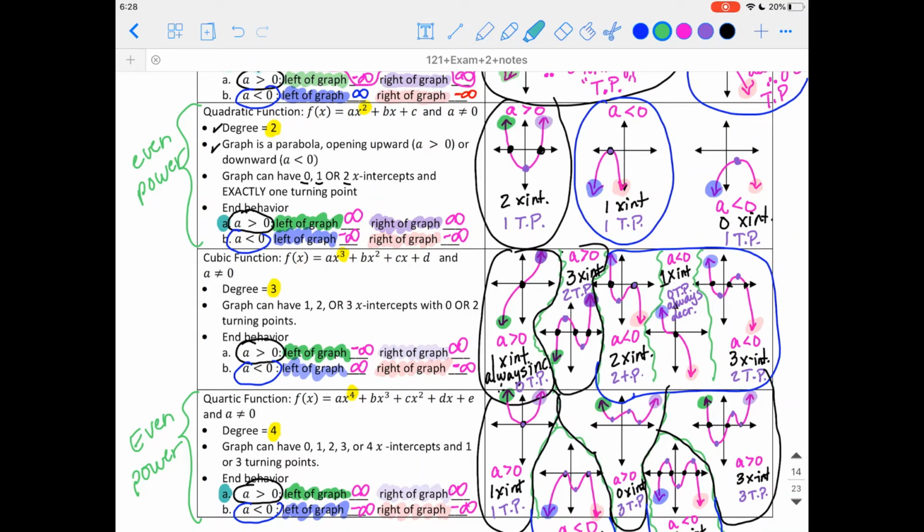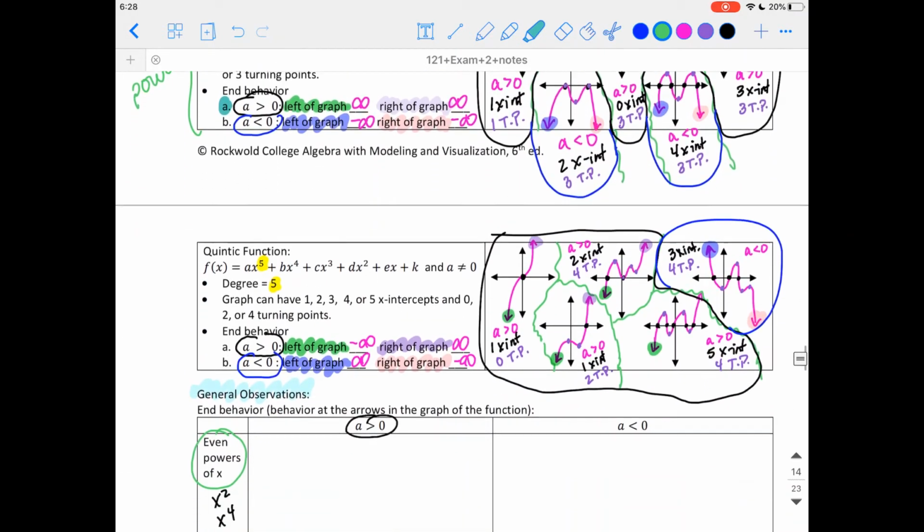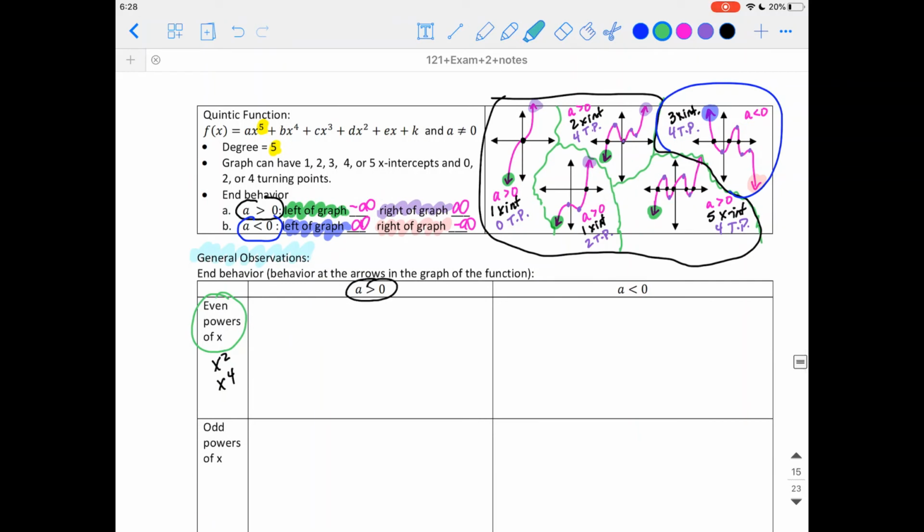And the same thing with the A less than 0. Well, let's do the A greater than 0. So hang tight.